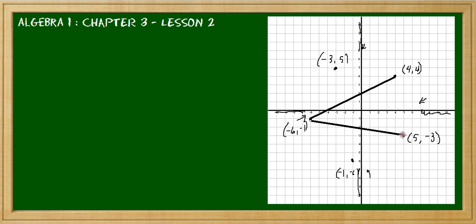Then from this point, we're told to go to point -3, positive 5. Are you getting the picture yet? I think you might be seeing what we're drawing here. Now we're supposed to go all the way back down to here. Now if you didn't see it, you probably see it now. And now we go right back up to our first point. And yes, there we have it. We have drawn a star. And you get a star if you do this well on your test.